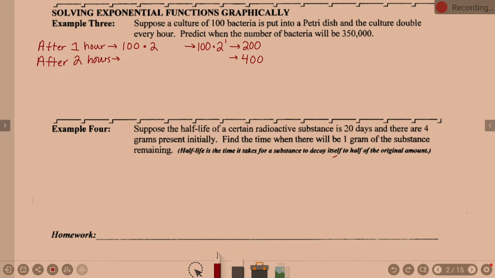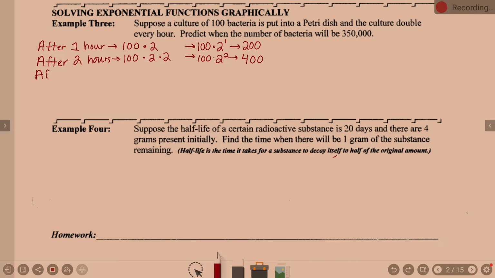Now, how do we get to that 400? 100 times 2 for the first hour, times 2 for the second hour, which is 100 times 2 to the second. I agree it's also doing 200 times 2, but that's not going to help me write the equation. So I'm not disagreeing with 200 times 2, but it's not what I want to write down.